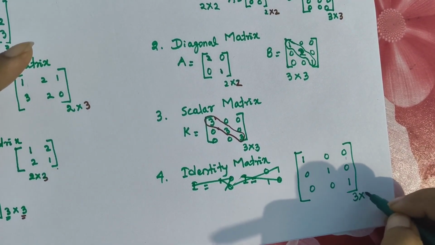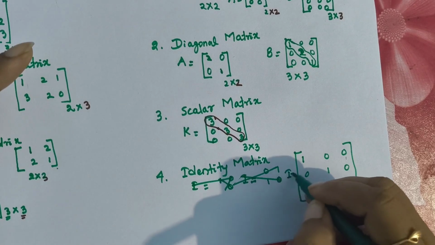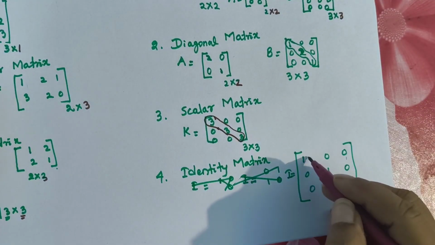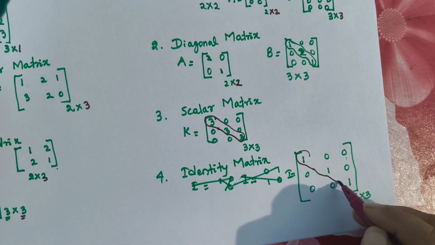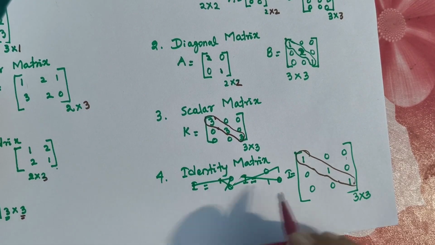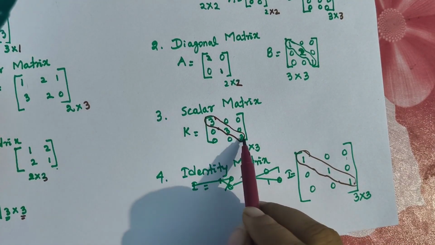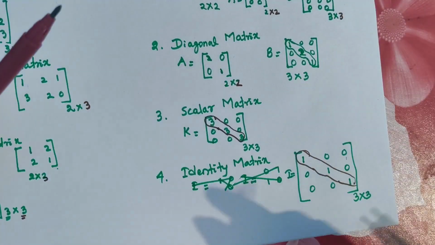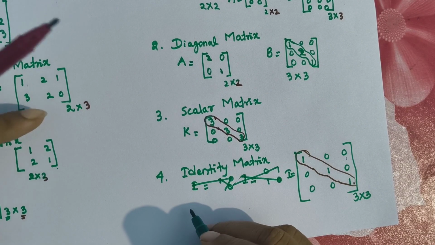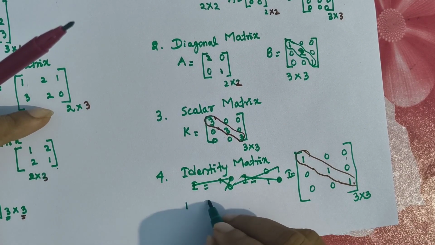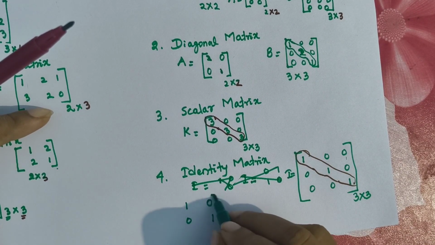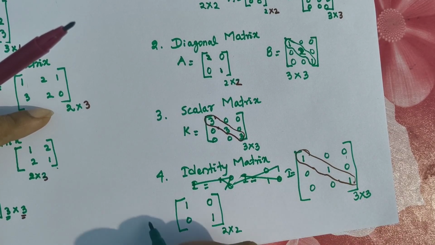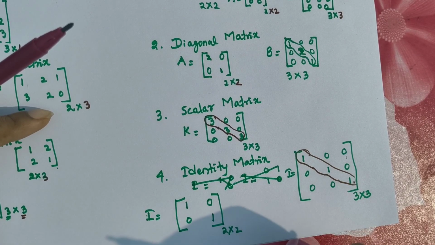So this is our 3 by 3 identity matrix. We can see that the main diagonal elements are 1, so it is an identity matrix. Here it is 3 by 3, so it is a scalar matrix. Diagonal matrix we have already seen. For 2 by 2, it will be 1 0 0 1, a 2 by 2 identity matrix.